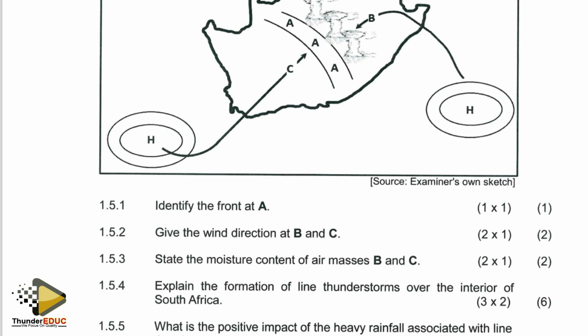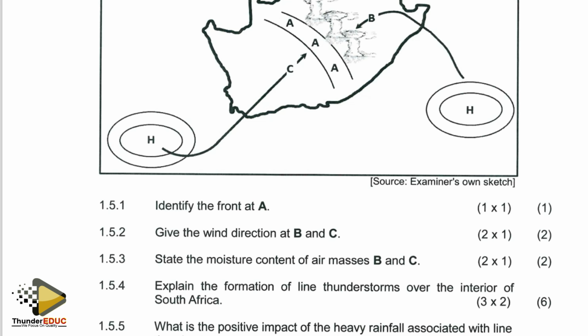Give the wind direction at B and C. Right, what wind direction is this one and what wind direction is this one? The wind which is fed from the South Indian here from B, let's start from B here. The wind which comes from B in this instance is a northeasterly wind.